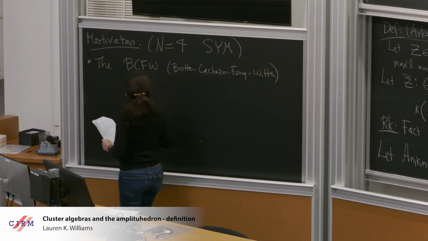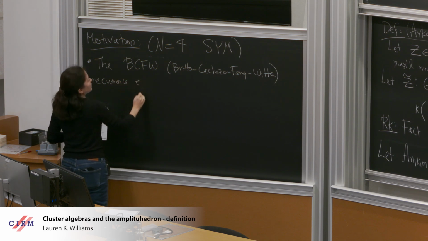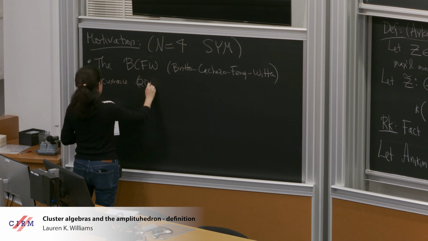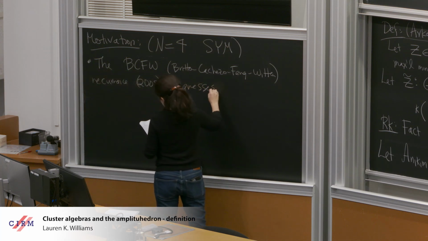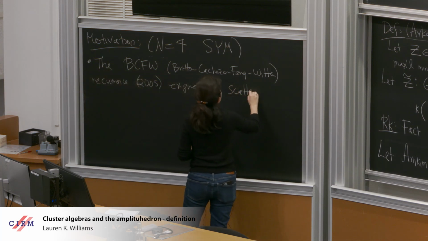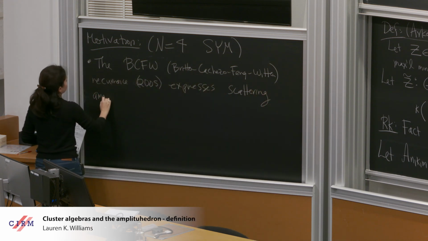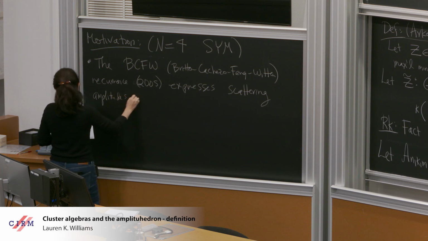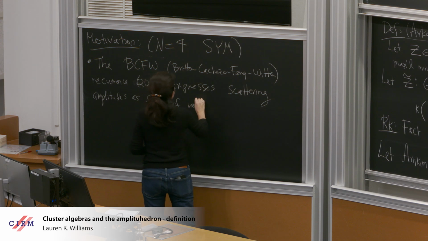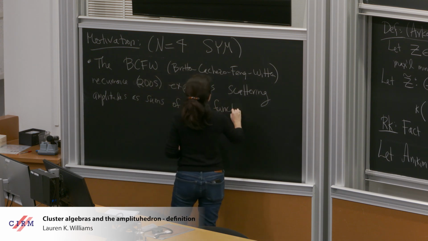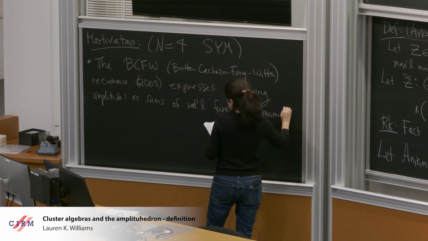And this BCFW recurrence, which is from around 2005, expresses scattering amplitudes as sums of rational functions of momenta.